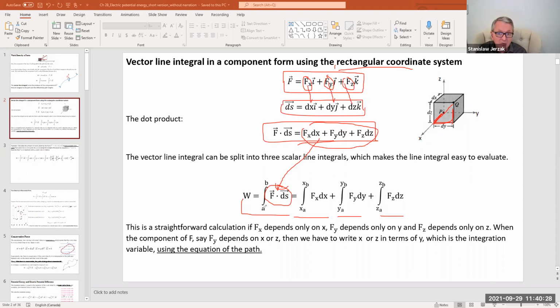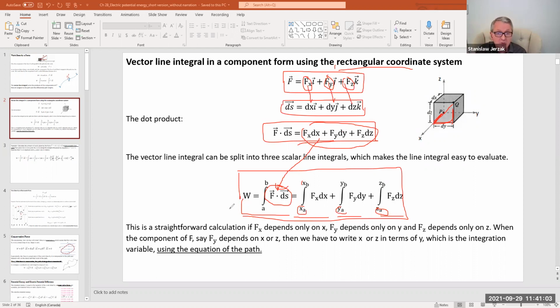Where point A would have coordinates xa, ya, and za, and point B would have coordinates xb, yb, zb, right? You need 3 coordinates to specify the position of the point. So you would integrate from initial coordinate x to final coordinate x, from initial y to final y, and from initial z to final z. That's how you would evaluate the work using rectangular coordinates, even if the path is complicated.